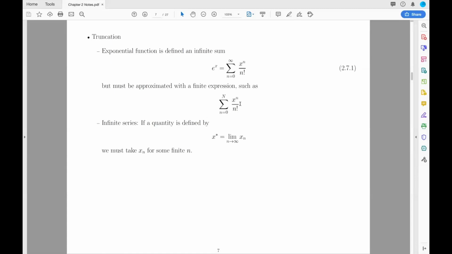You add that up and that's an approximation to e to the x. Now the question is, how many terms do you need in order to get an approximation to e to the x that is acceptable to you? Notice, by the way, that x to the n divided by n factorial is just a lot of addition, multiplication, and division, literally, because x to the n is just an integer power, so it's just a bunch of multiplications. But how big should n be?